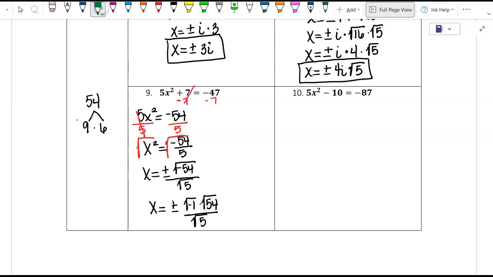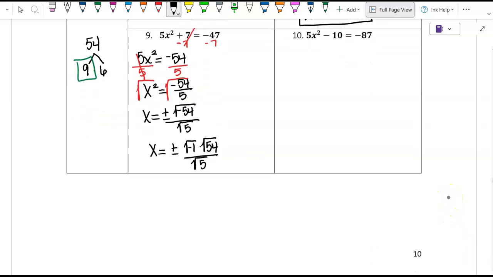9 is a perfect square. So this becomes x equals plus or minus i times radical 9 times radical 6 divided by radical 5. x equals plus or minus 3i radical 6 over radical 5.